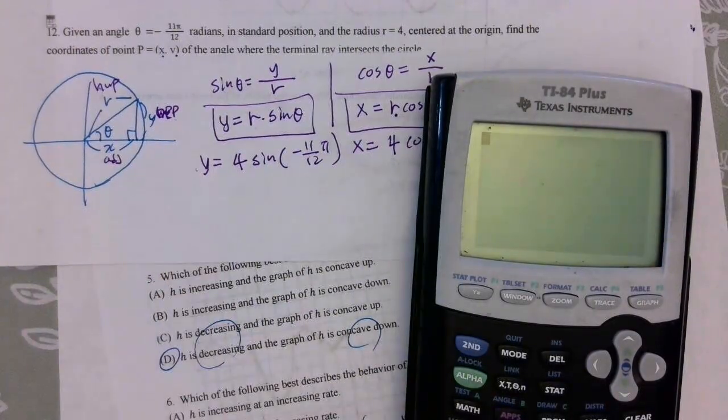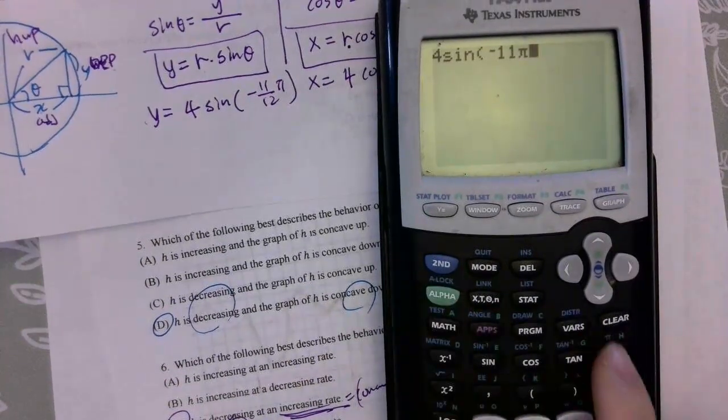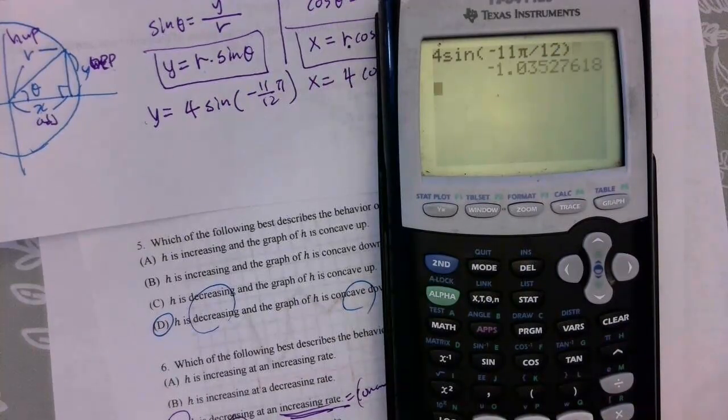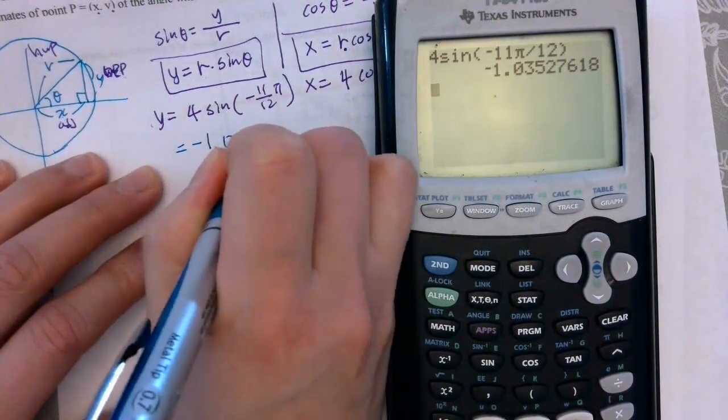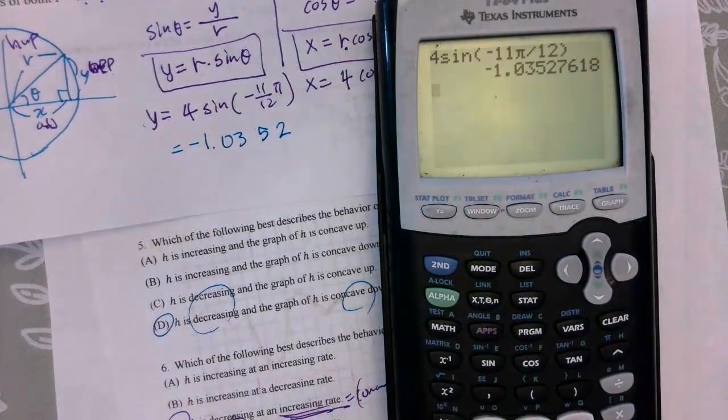And I'm going to plug in 4 times sine of negative 11 pi, pi is the second caret button, divided by 12. That's my y value, which is negative 1.0352. What about the x value?